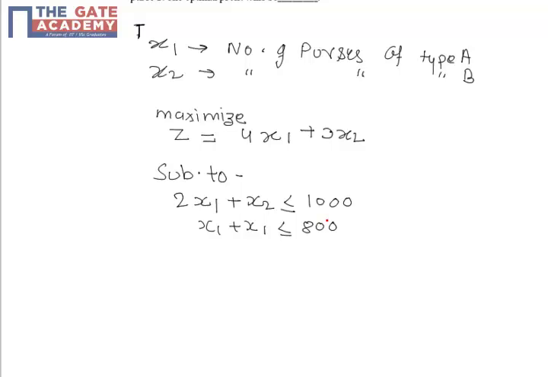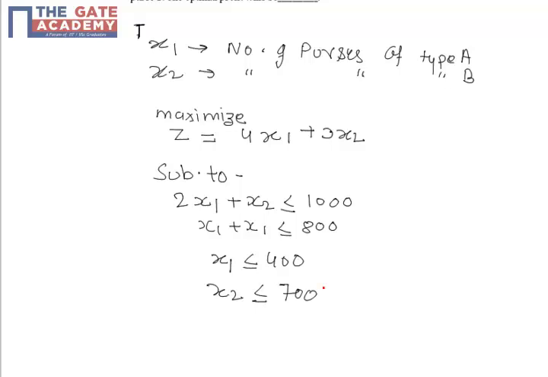So x1 can't be more than 400, so x1 is less than or equal to 400. And the zip which is used in type B is available in 700, so x2 is less than or equal to 700.